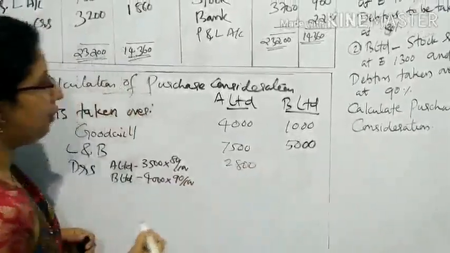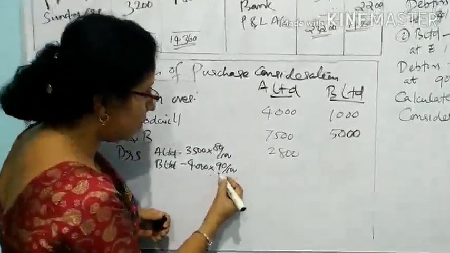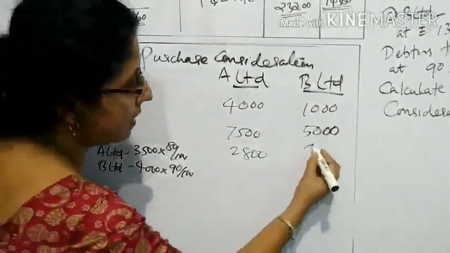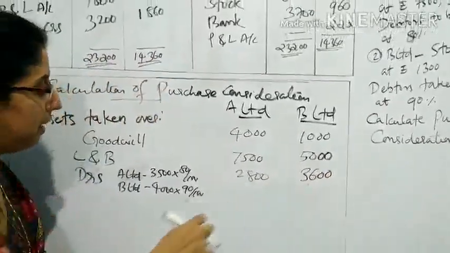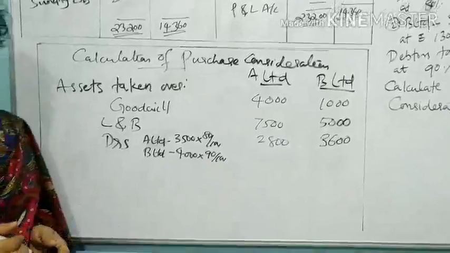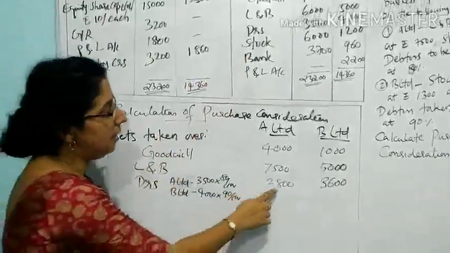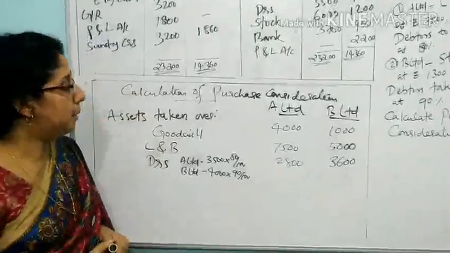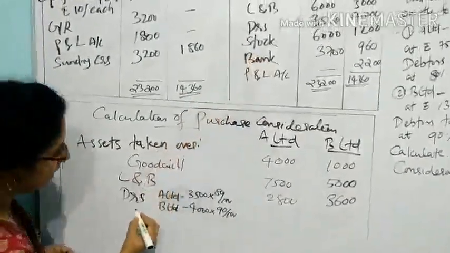For B Limited, 4,000 into 90 by 100, that is 3,600. Clear? Then our next asset, that is stock.